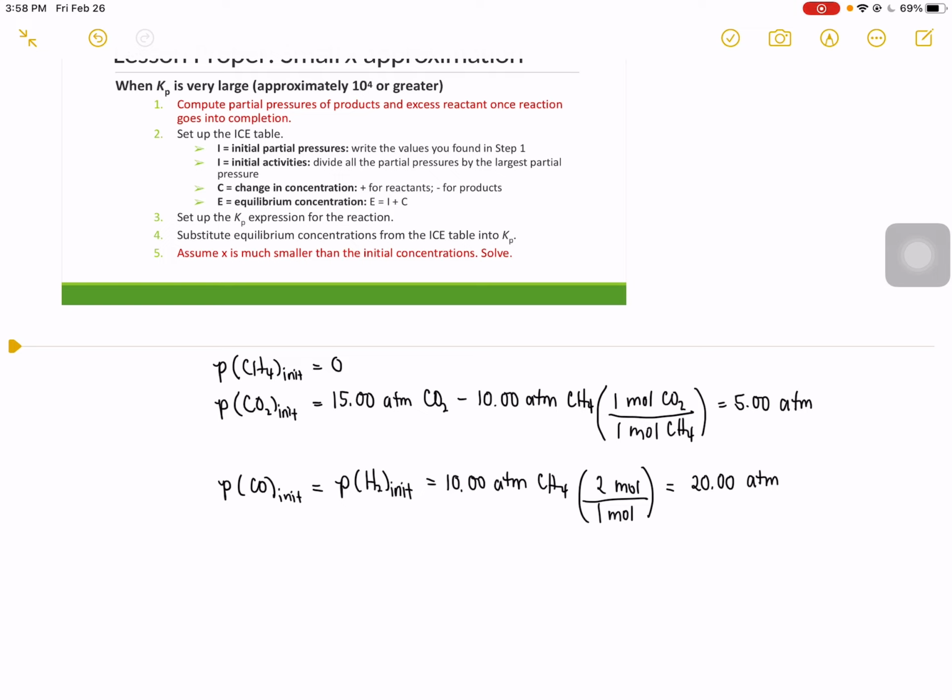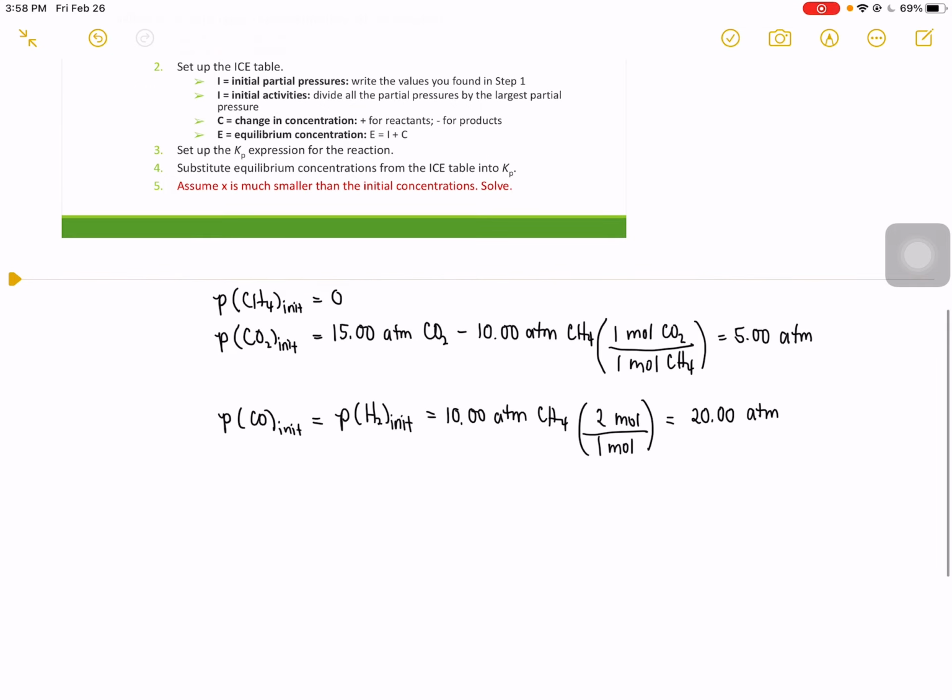Now, having computed the partial pressures of the products and the excess reactant, we set up our ICE table. For this one, we copy the equation that we have earlier. So we have methane plus carbon dioxide reacting with one another to form two molecules of carbon monoxide and two molecules of hydrogen gas.